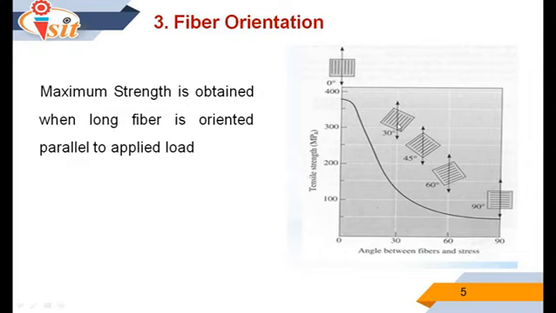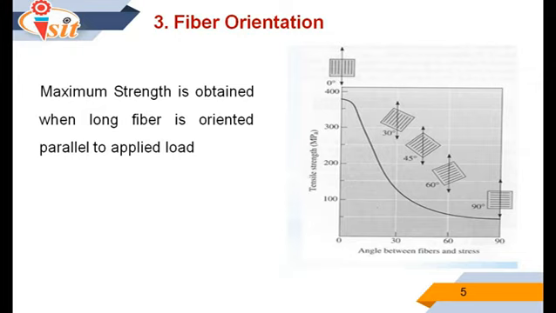Now if we vary the fiber angle from 0 to 30 degrees, the strength of the fiber is reduced. Similarly for 45 degrees, 60 degrees and 90 degrees. When we wind the fiber in the longitudinal direction, it gives quite high strength in terms of tensile loading.